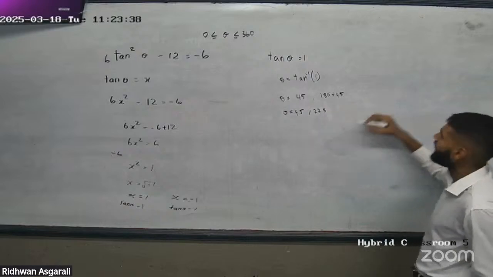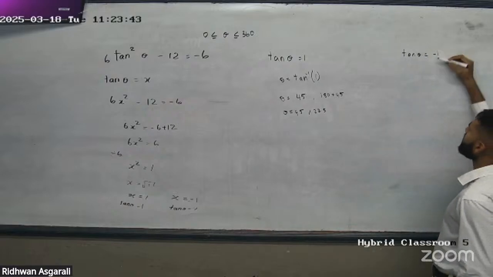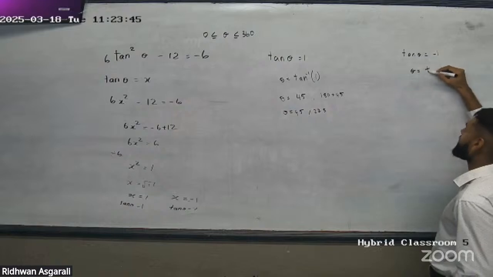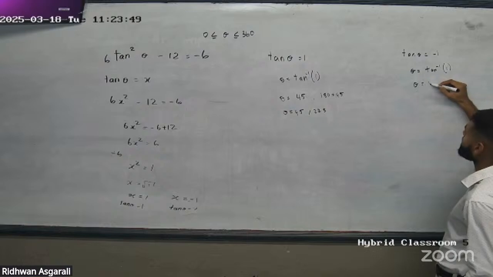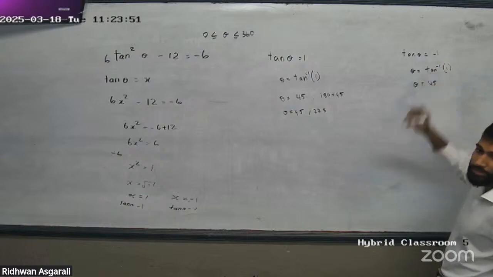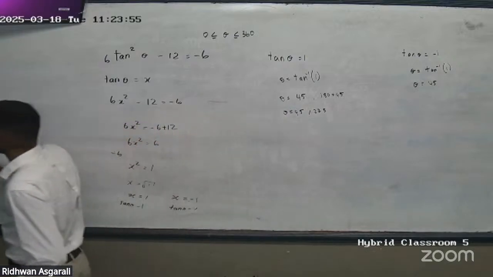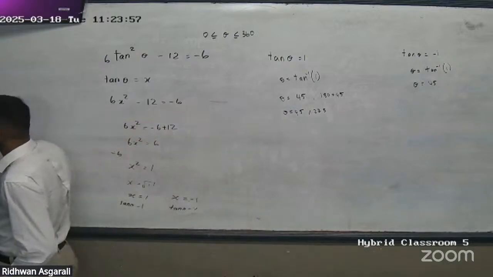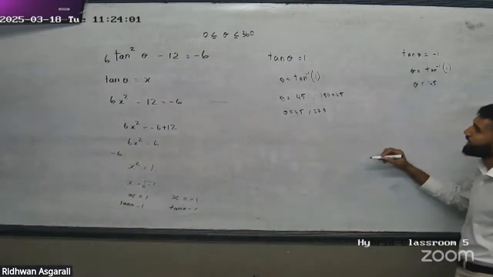Yeah, right. We have tan theta is negative 1, right? So theta is tan inverse of 1, which will give us 45 again. But tan is negative. So in which of the quadrants is tan negative? Two. Two and what else? Three. Two and four, sorry, two and four.